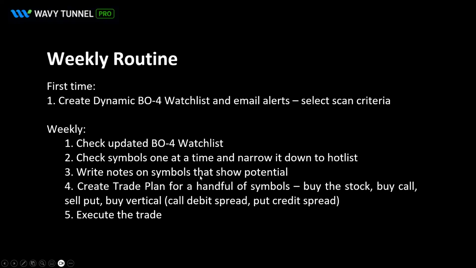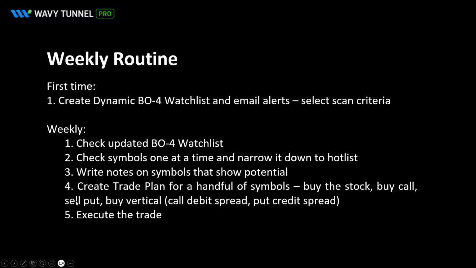You can write notes on the symbols that show potential right in the dashboard, and then you can create your trade plan just like you do for trading forex, for trading futures, for a handful of symbols. Buying the stock, there are a few ways of illustrating how you can buy the stock. You can buy the underlying, buy the stock directly.